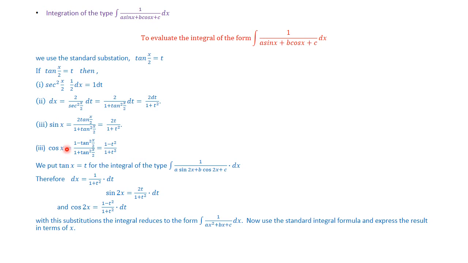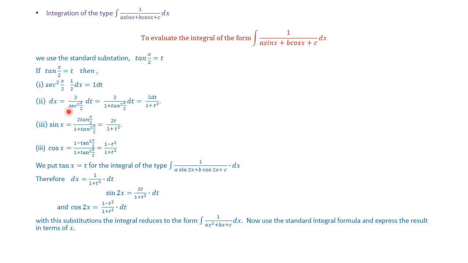In place of 2 theta we have x, so in place of theta we will have x by 2. So cos x is equal to 1 minus tan square x by 2 upon 1 plus tan square x by 2, which is equal to 1 minus t square upon 1 plus t square.